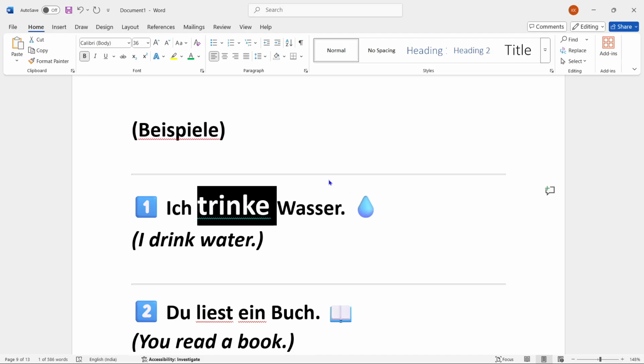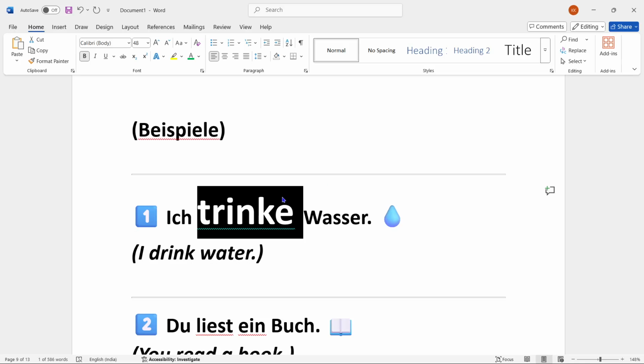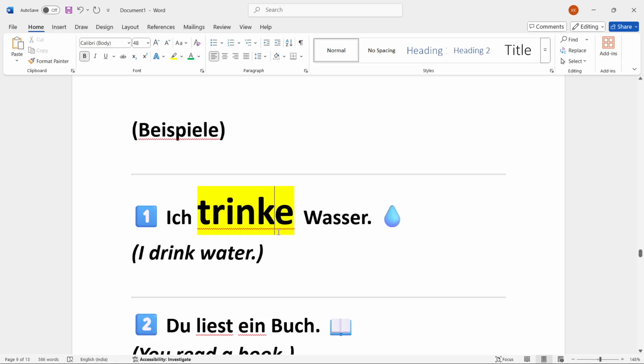Here. Ich trinke Wasser. It means I drink water. Focus only on the verbs. Today we are not learning the conjugation of the verb because we already learned these things.